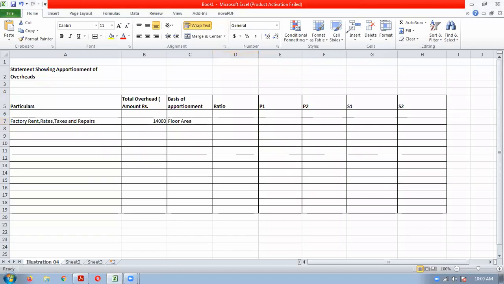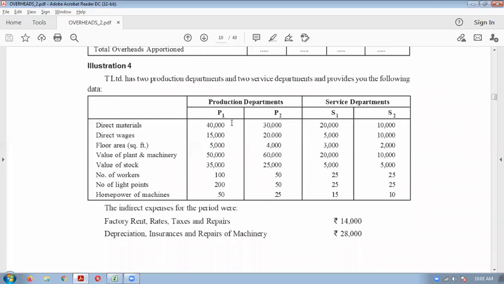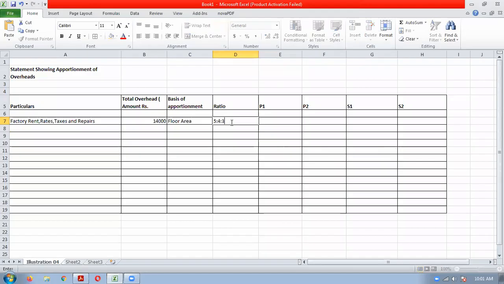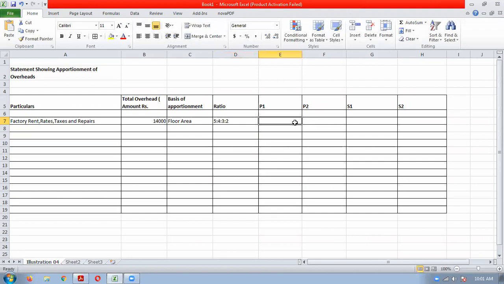You have already done ratios. So this will be the ratio. Now charge this to each department. Everybody do that. 14,000, you have to divide this in ratio and put the amount here.